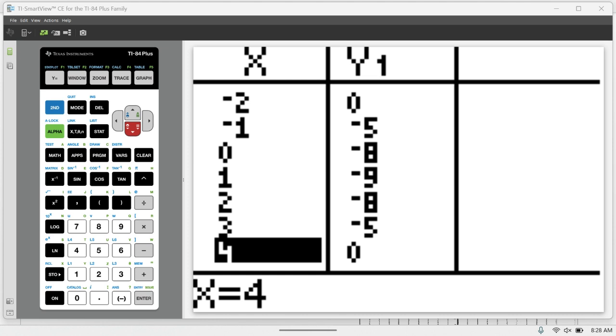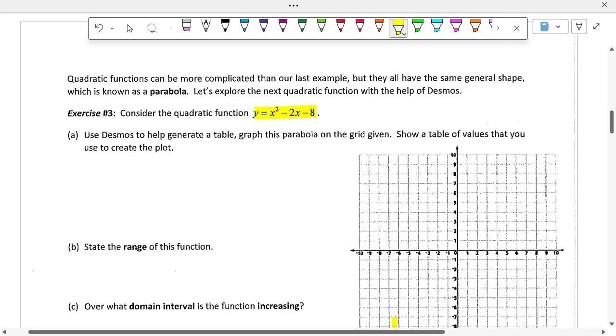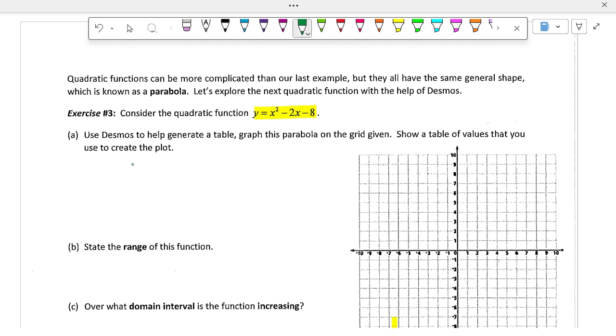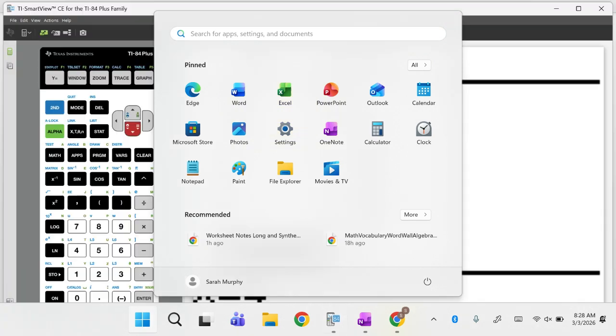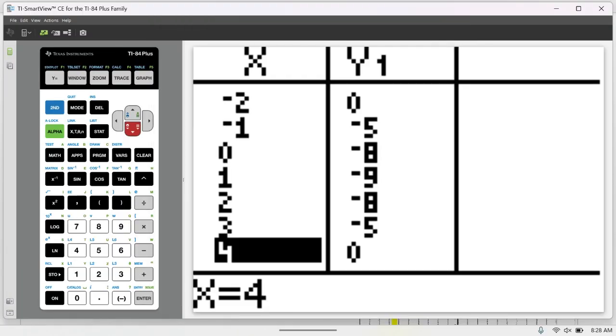All right. So we're going to copy this table down here. I'm going to copy the table of x, y, going from -2 to 4.